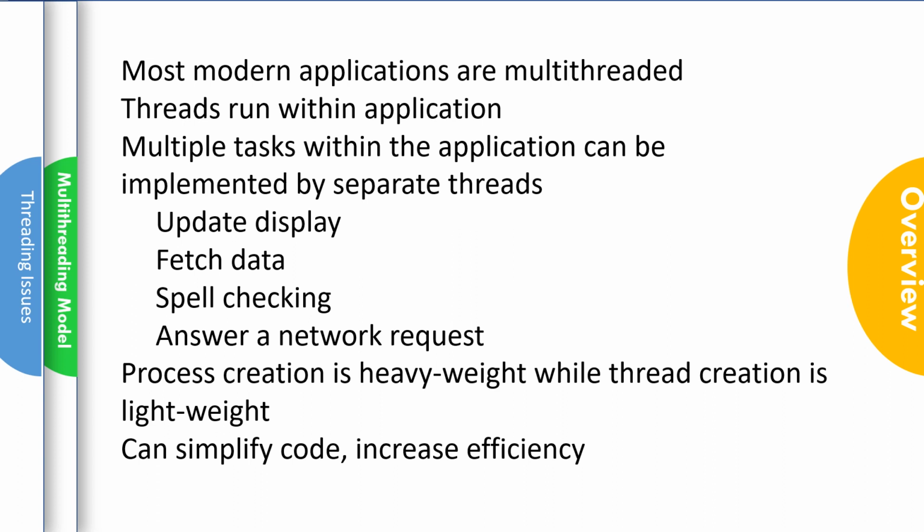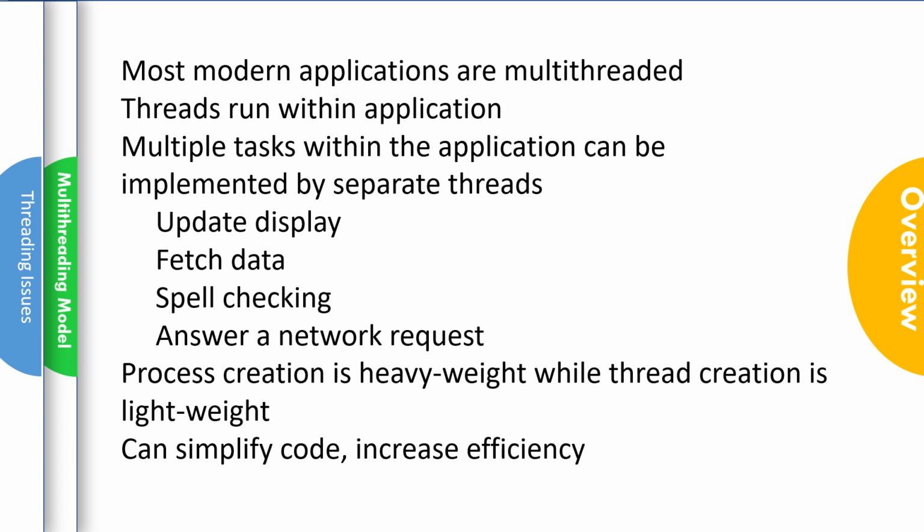It also does the spell checking, and it also is sometimes checking the internet for any formats or diagrams that you would like to add to it if you have made a request for it. So this is how a process will be doing multiple things simultaneously when it is a multi-threaded application.